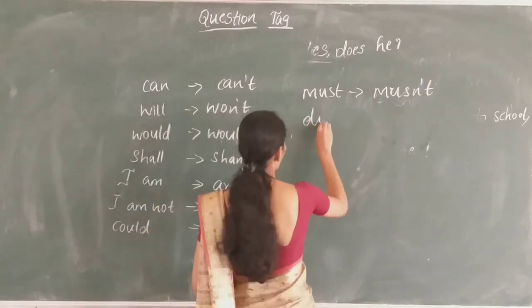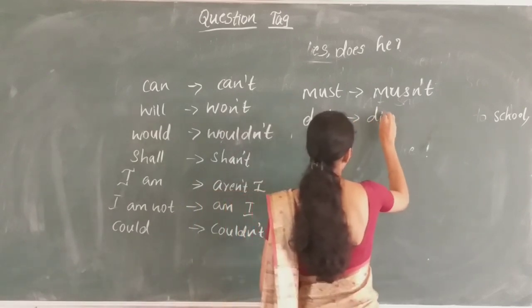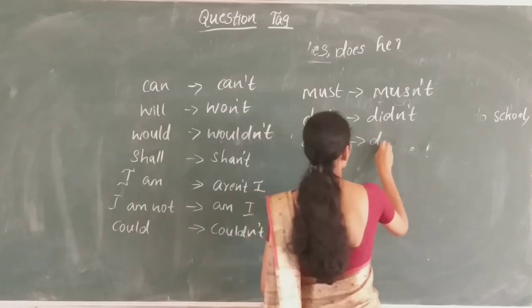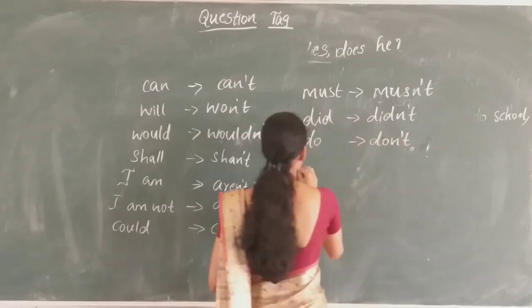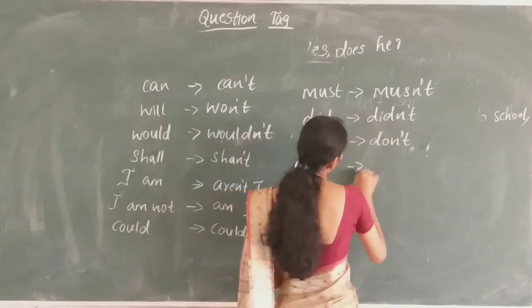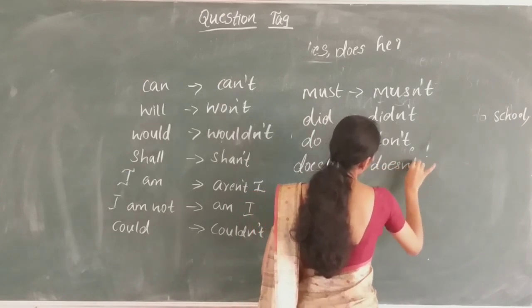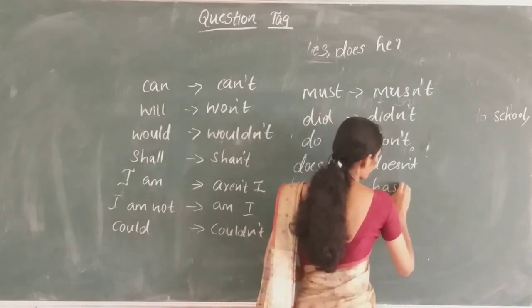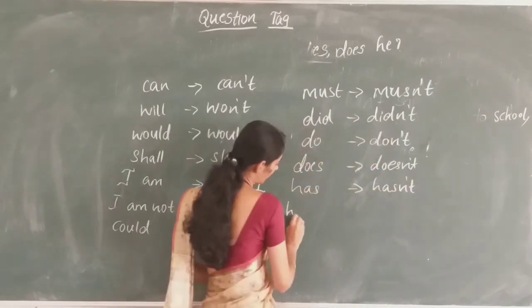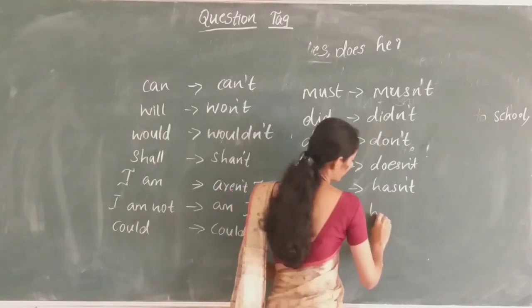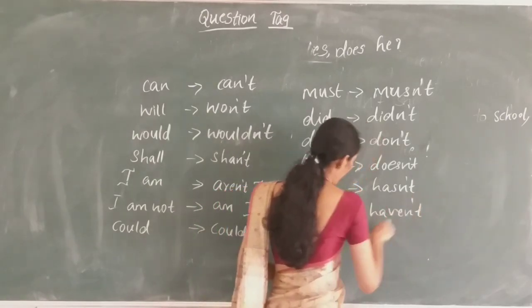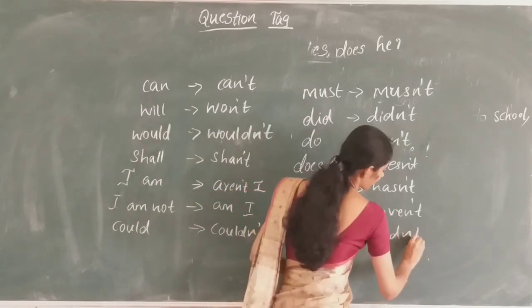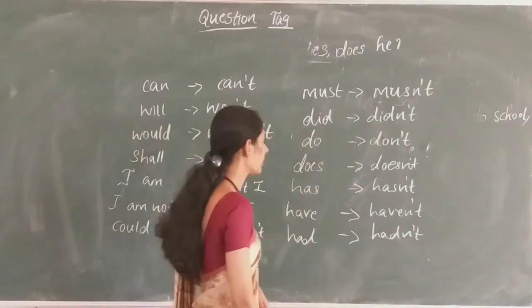In the same way, if you find did, then the tag becomes didn't. Do, don't. Does, doesn't. Has, hasn't. Have, haven't. Had, hadn't.